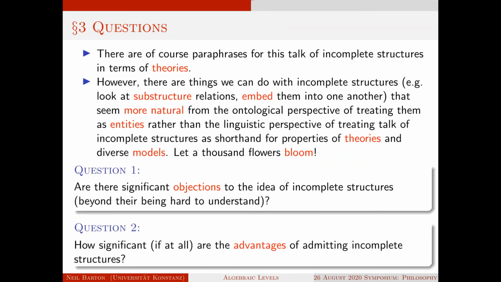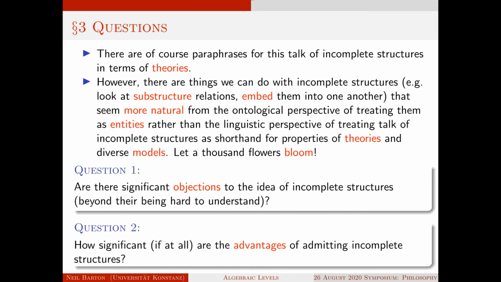Okay, so for all I've said thus far, that there are ways of saying true things about apparently incomplete structures, this could all be paraphrased in terms of theories. So I could say, for instance, given my Lego-like structure of the pure cardinality structure and another Lego-like structure, if I have two models of the same cardinality, one can be embedded into the other.